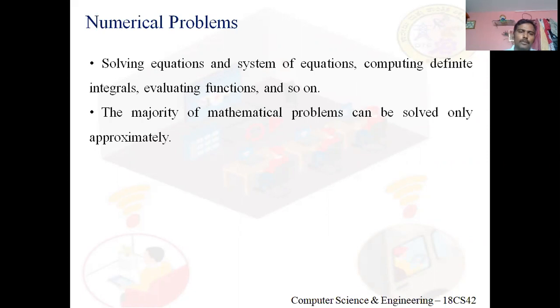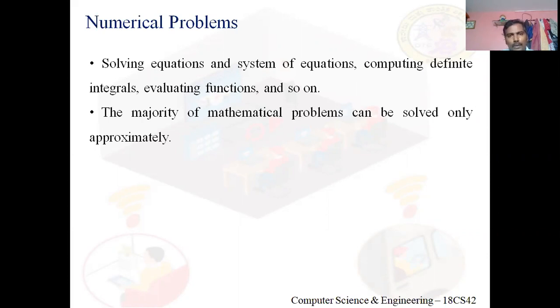Now look at the second point. The majority of mathematical problems can be solved only approximately. What does that mean? Can anyone tell me the square root of 4? You'll clearly say it is 2, exact. But what about the square root of 2? We don't have an exact value. It's an approximation.